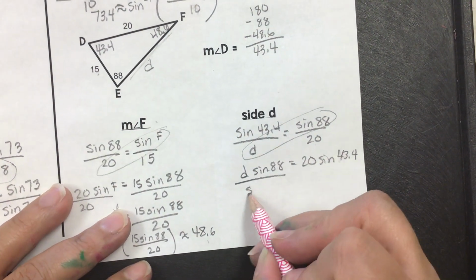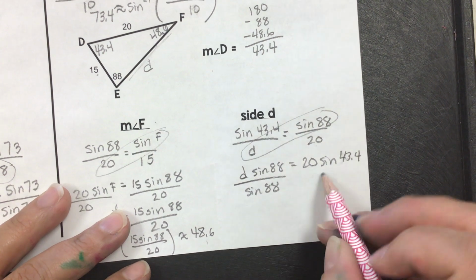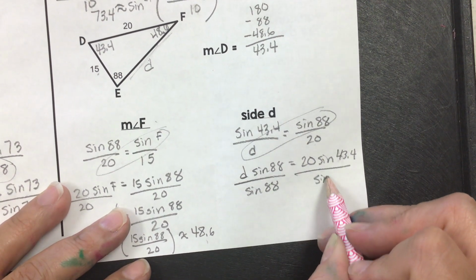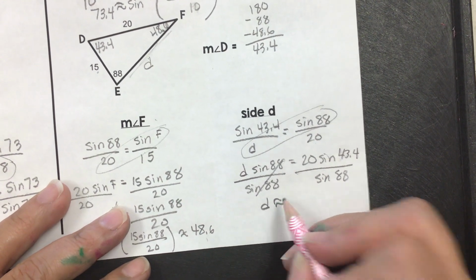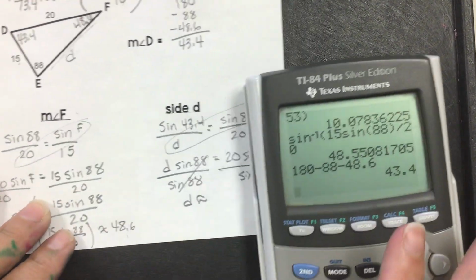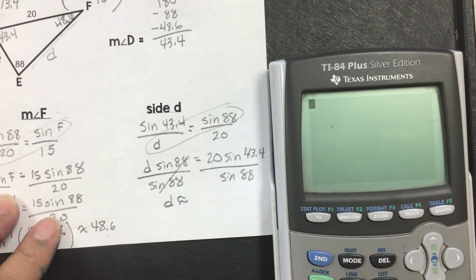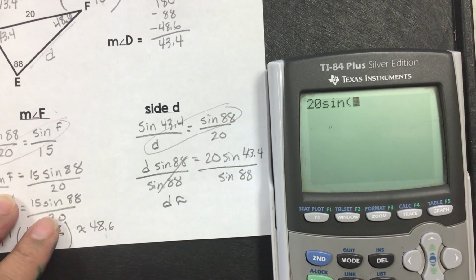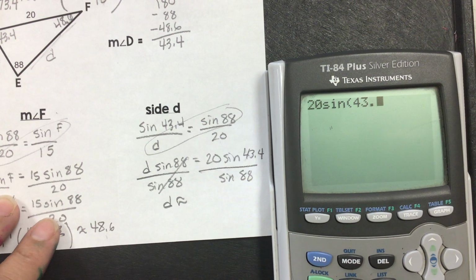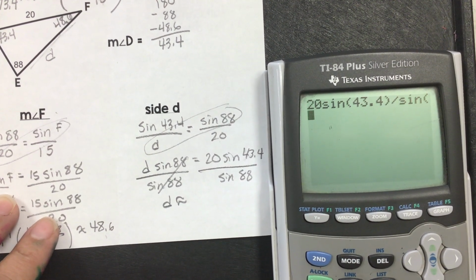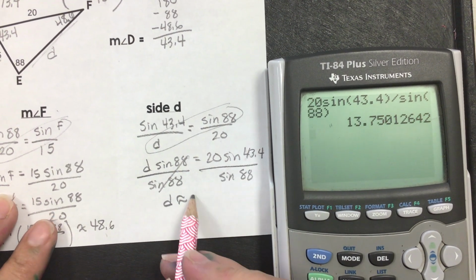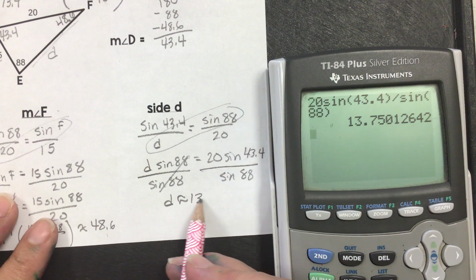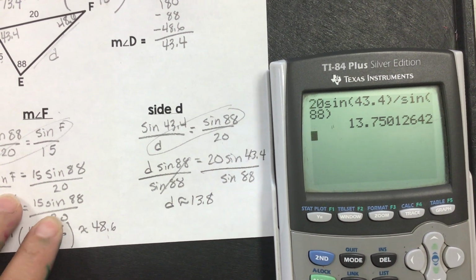Then we divide by sine of 88. D is approximately 20 sine of 43.4, close those parentheses, divided by sine of 88. 13.8 is the approximate value of D.